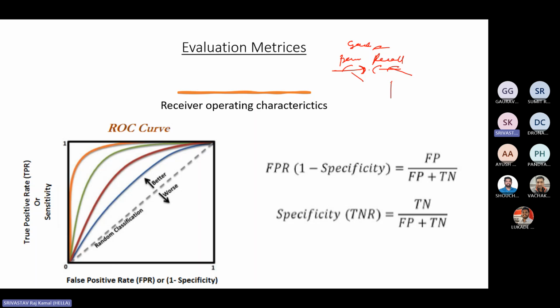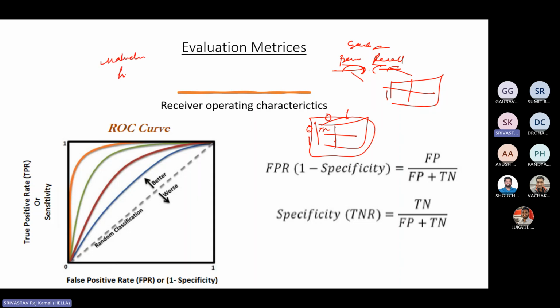Maybe we give you a confusion matrix, and you should be able to calculate the precision and recall out of that. For that, I have drawn this a number of times, that you should understand that 0 to 0 is true negative. If you know that, then I think you have learned every aspect of metric evaluation for classification problems, right?